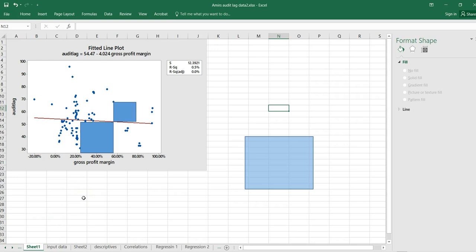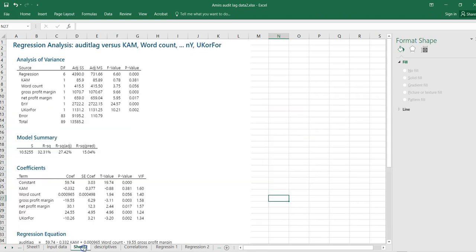So what is this squares? Well, what the regression is doing, and this is a case where I've looked at the relationship between audit lag and gross profit margin. The reason I did this was that I just thought about the gross profit margin relationship to the audit lag.